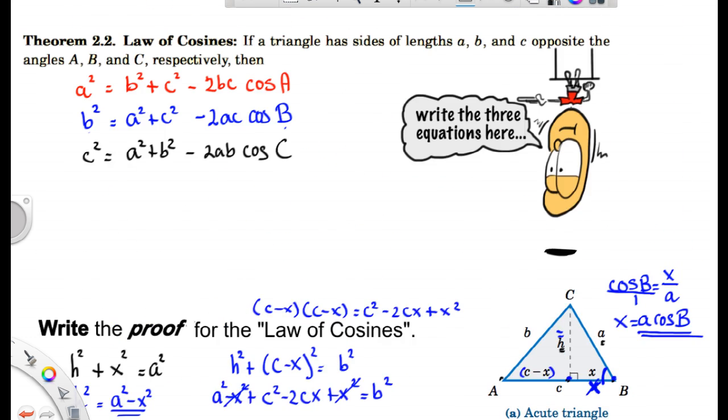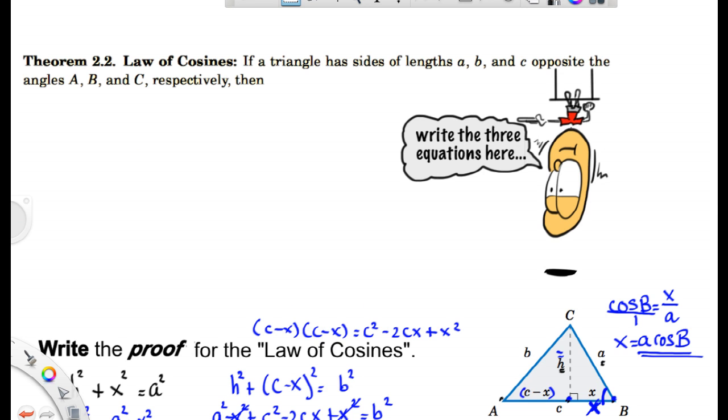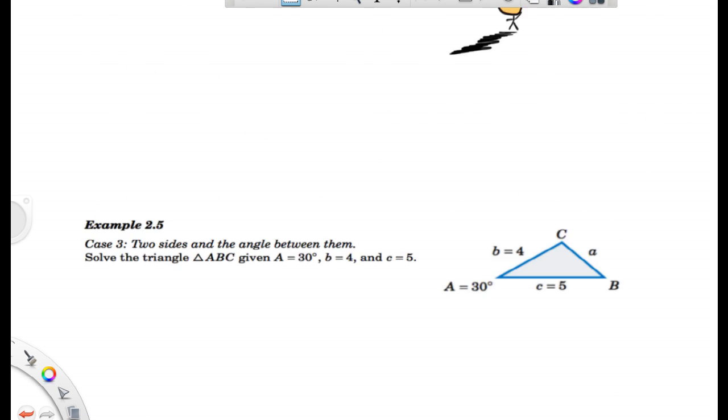Okay, so let's use it on the triangle that we started with. Let's see, what are we given? We're given this angle, B, C, and then A over here. Let me cheat a little bit and grab these and bring them down here for a moment.